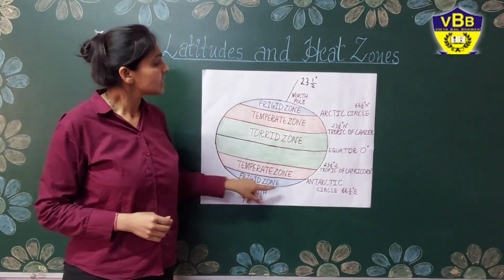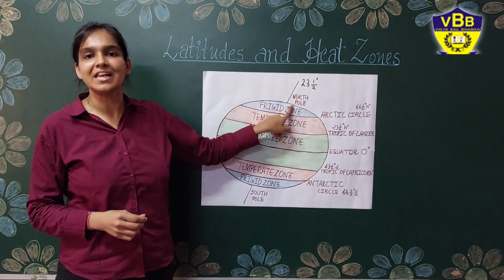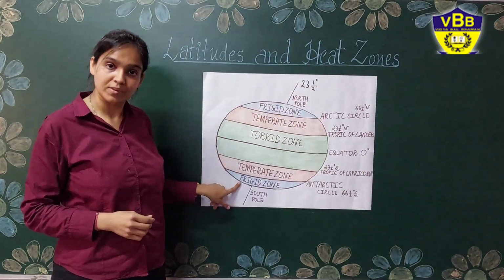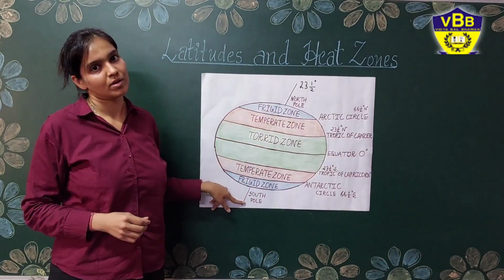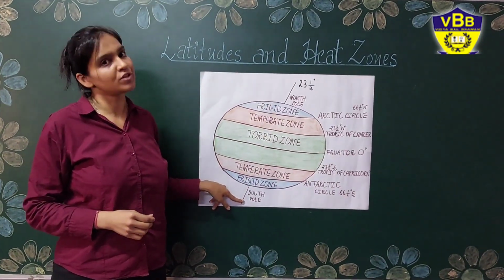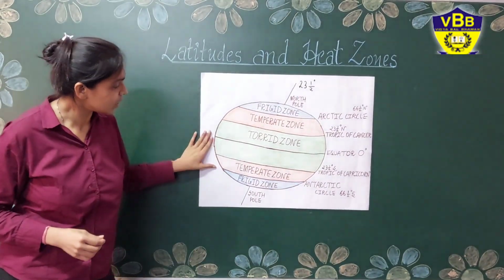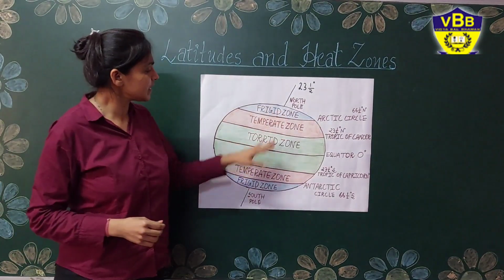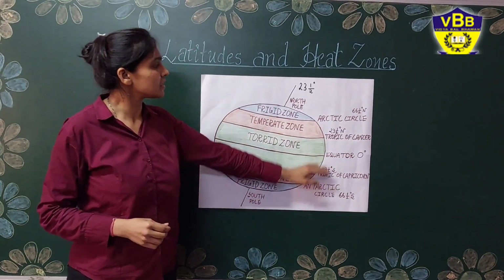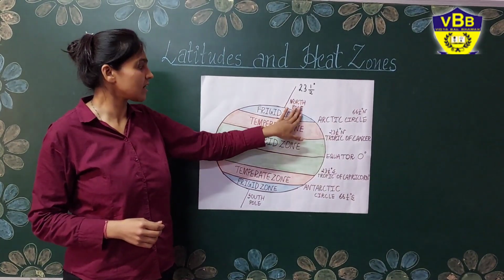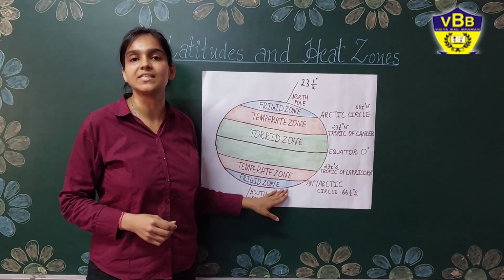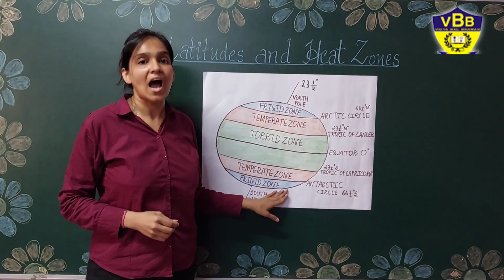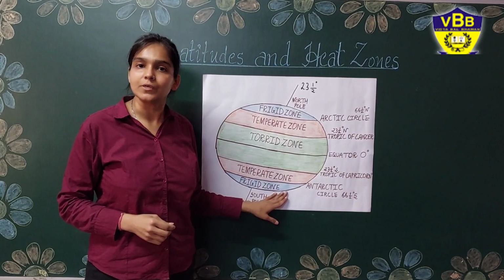That's why the heat of the sun is very less in these zones. That's why these are known as the coldest zones. Another name is frigid zones. The Antarctic region and the Arctic region are the coldest, and they have ice throughout the year.